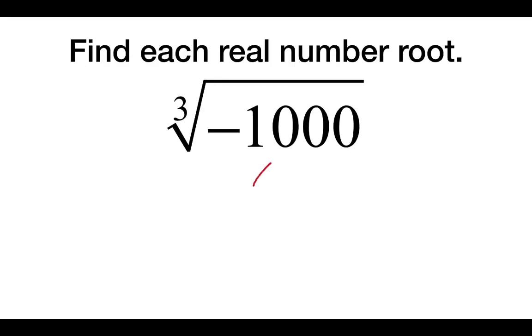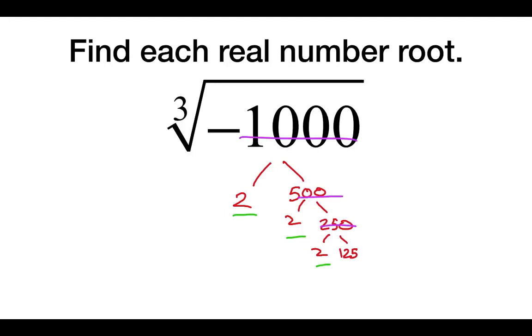Well, let's see. I know that's 2 times 500, which is 2 times 250, that's 2 times 125. Oh, look, by the way, I have a trio right there, and I can cancel out these three numbers.